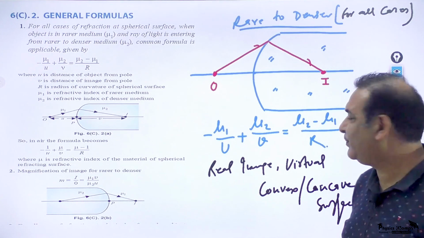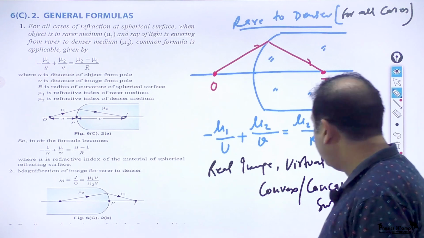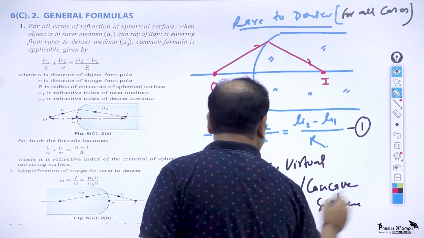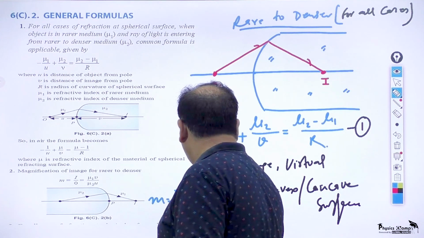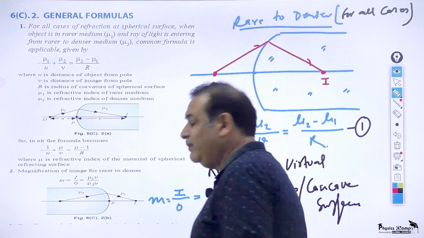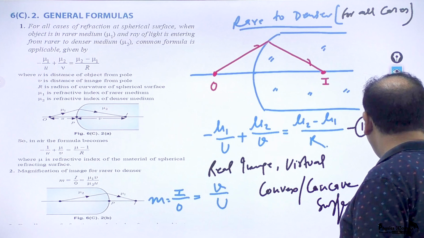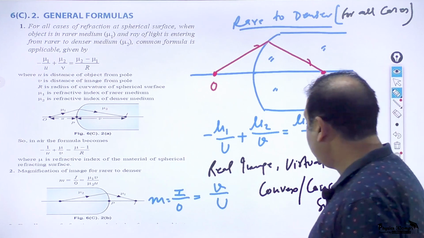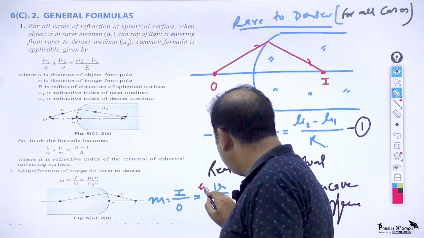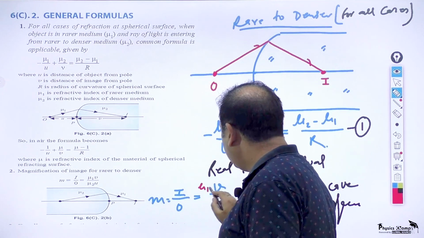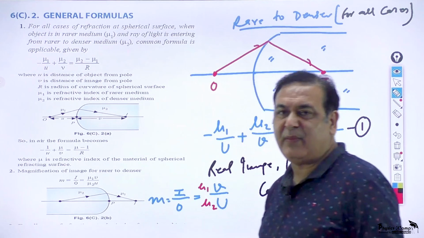Second, आपने magnification का formula भी पढ़ा होगा. In mirrors you have done, the formula for magnification was I by O is equal to V by U. This formula of magnification we have done in mirrors, but this time, because it's a two different medium case, here it will be mu1 over V. जैसे minus mu1 over U था, so it will be mu1 over V over mu2 over U. We are going to prove this formula.